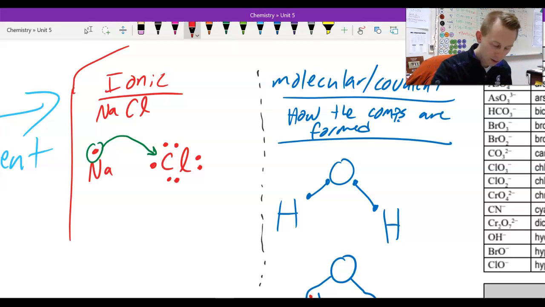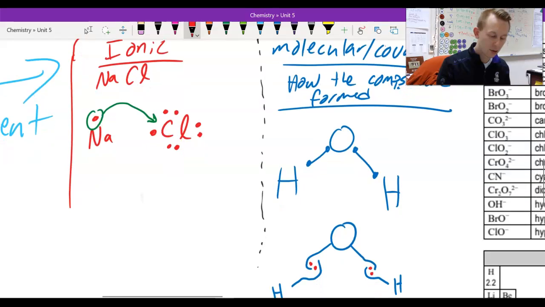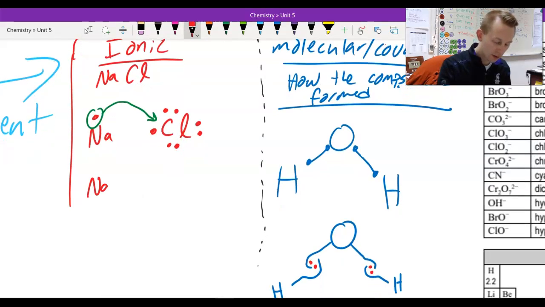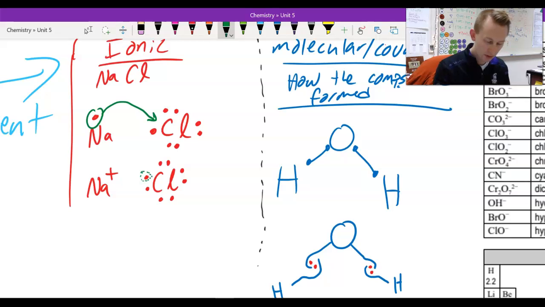When this happens though, the negative electron and the protons in the nucleus end up not being neutral anymore. They don't cancel out, so I end up with an Na plus charge, like a +1 charge, and chlorine gains that electron, so Cl has all of these plus the one that came from sodium, and it ends up with a minus charge because it gained that extra electron.